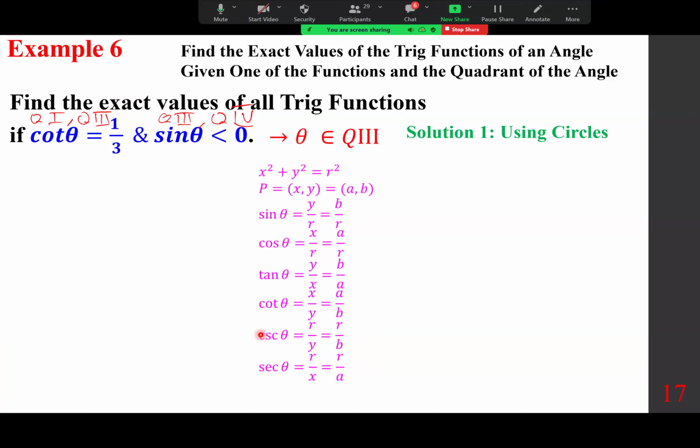So going with x and y, cotangent is x over y. Why are we choosing both negative? Because we said it's quadrant 3. You can choose both positive if it's in the first quadrant. In the third quadrant, both are negative, and therefore negative 1 squared plus negative 3 squared. The reason I didn't put negative, it makes no difference when you square it.